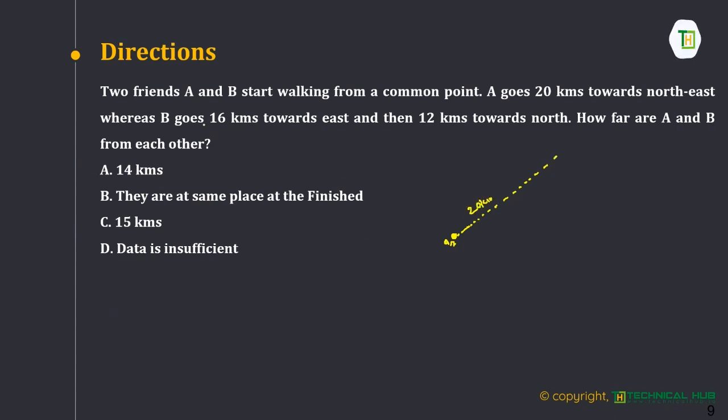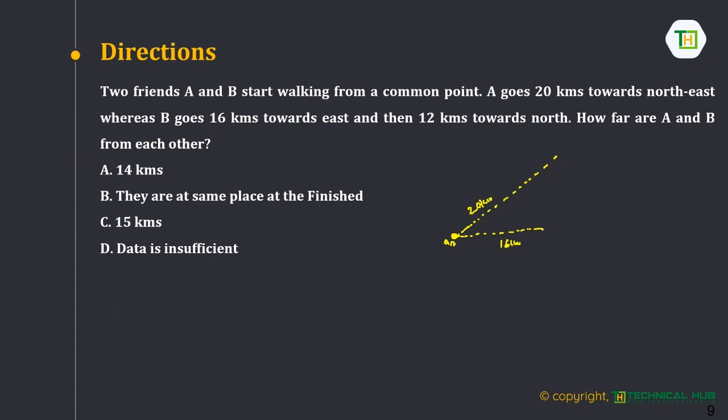Whereas B goes 16 km towards east. So this is the 16 km towards east. And then from this point, 12 km towards north.